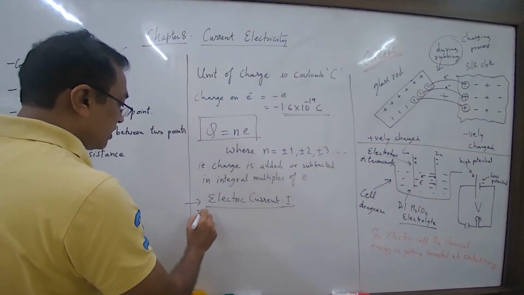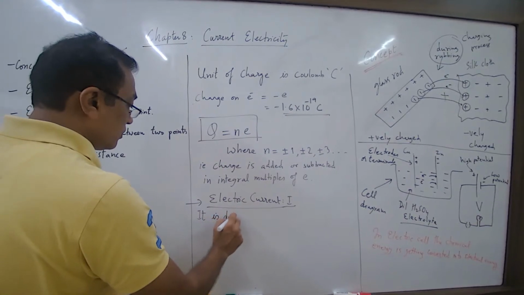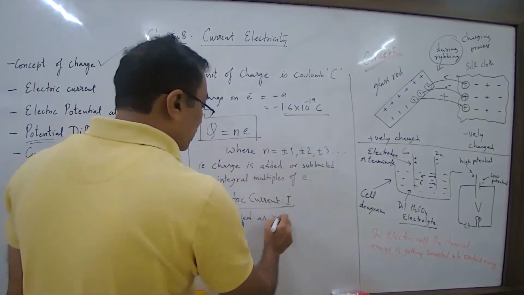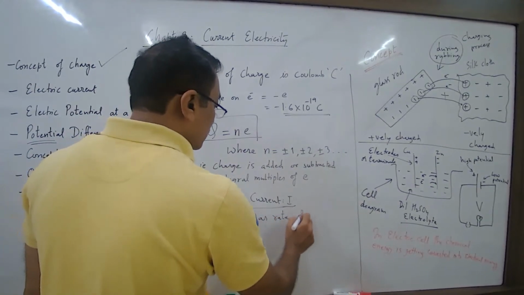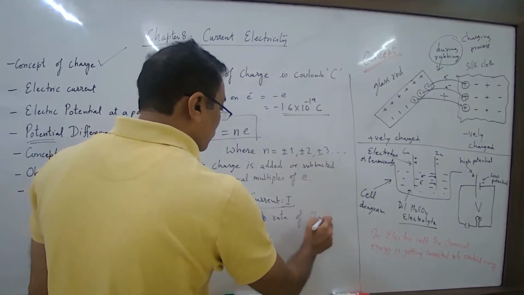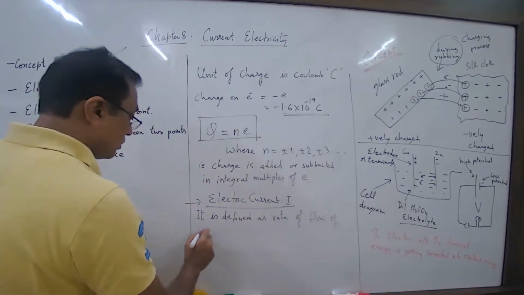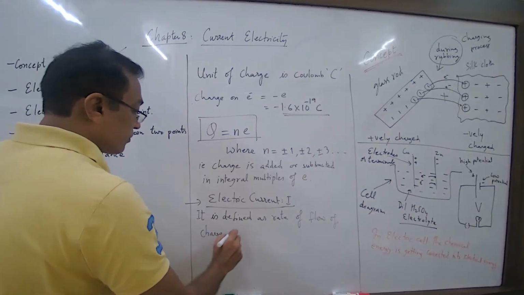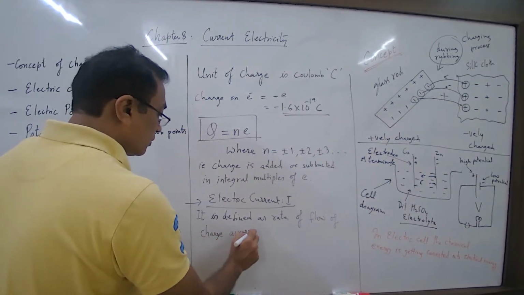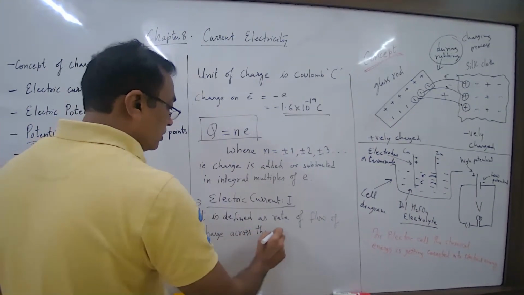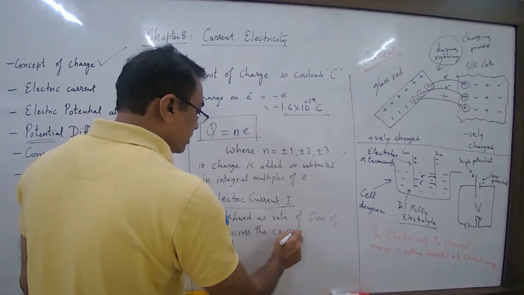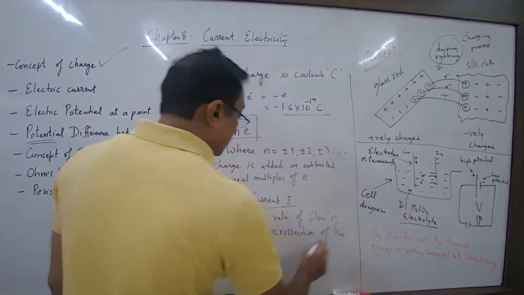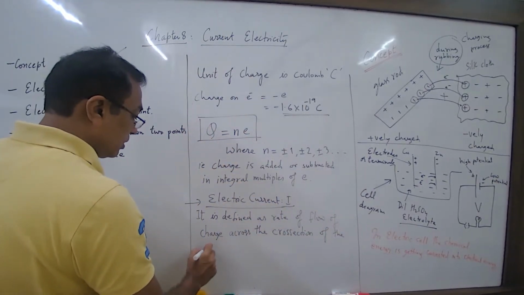It is defined as rate of flow of charge across the cross section of the electric conductor.